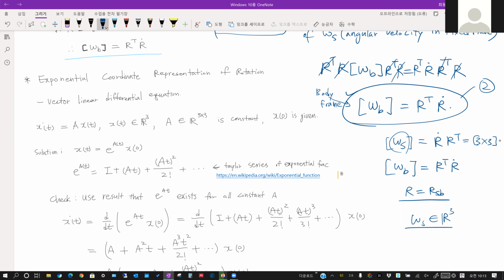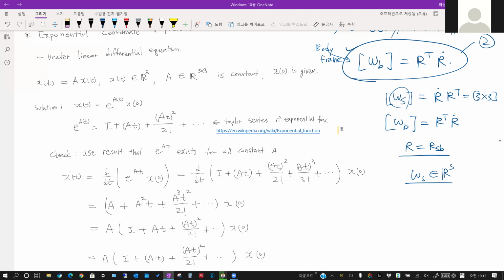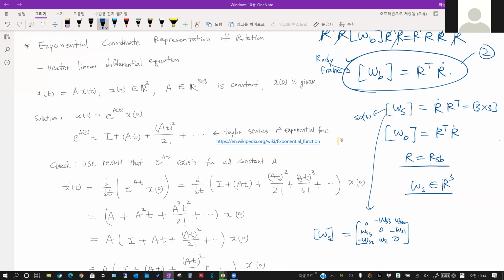Because from here, this is small so(3). The form of this matrix becomes like this: 0 on the diagonal, and then the other entries are omega S3, omega S2, omega S1, with minus signs. Isn't that right? Yes, that's right.